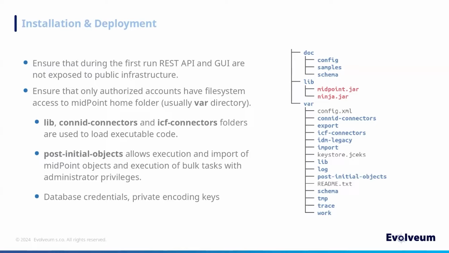It is useful for the customization of your deployment during the startup of the MidPoint, but if this folder is writable by someone else, it actually allows them to inject custom users or even execute bulk actions on the MidPoint restart. The MidPoint home directory also contains other sensitive information, such as credentials to your database, private keys used to encode passwords. So make sure only authorized administrators and MidPoint itself has access.